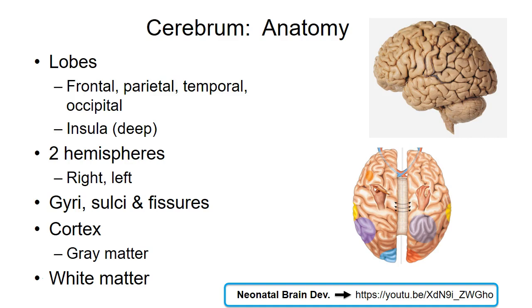If I can pull this apart, the cerebral cortex is going to be the outer portion, so that's where the gray matter is located. The deeper structures are where we have the white matter in the brain. The surface of the cerebrum is made up of the cortex, and the deeper structures, you can see it in here, is where we have the white matter.